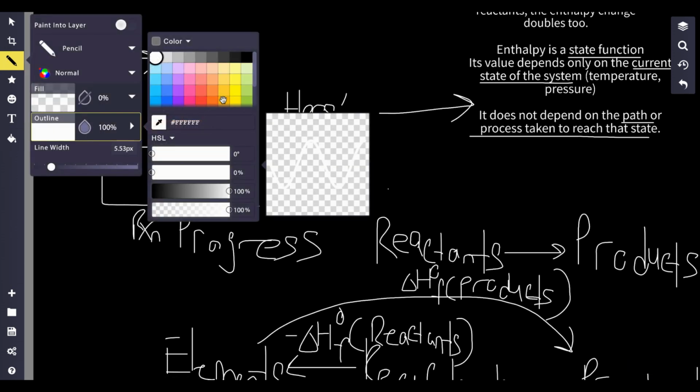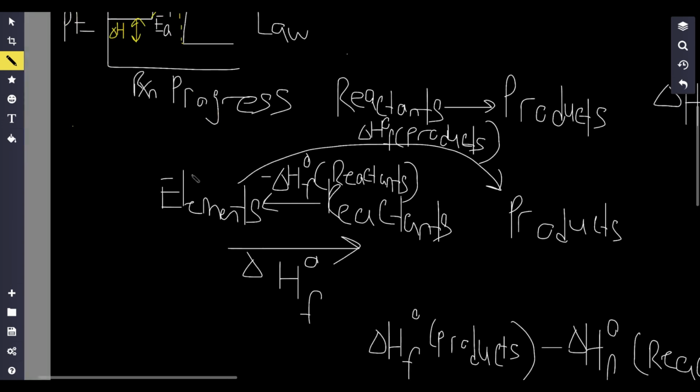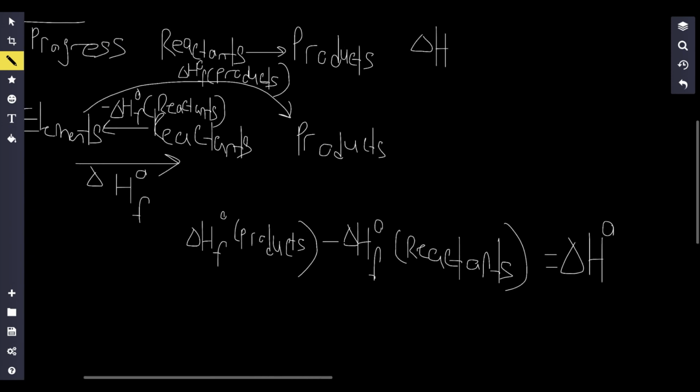Let's say you were to use a catalyst for this reaction. A catalyst provides an alternate reaction pathway, right? Well, notice how even though the pathway is different, our change in enthalpy still stays the same. So the path does not matter. I can reassemble them, construct them, whatever. Our change in enthalpy at the end of the day is going to be the same.